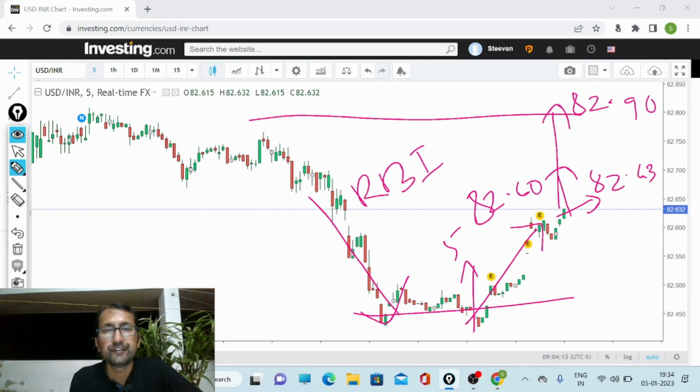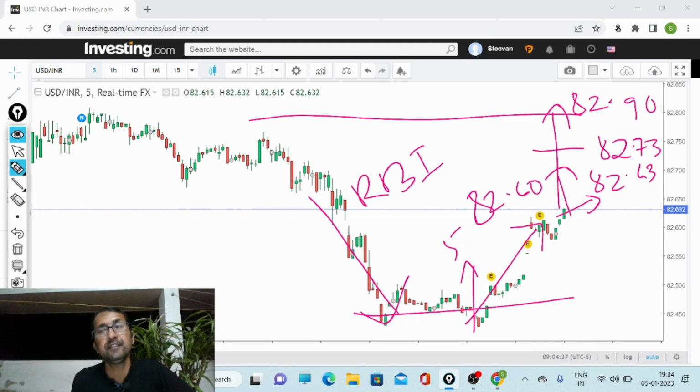Since tomorrow is the weekly expiry for the currency, if you see the USD-INR pair trading above 82.60, you can buy it for a first target of 82.73, then you can see a target of 82.90.